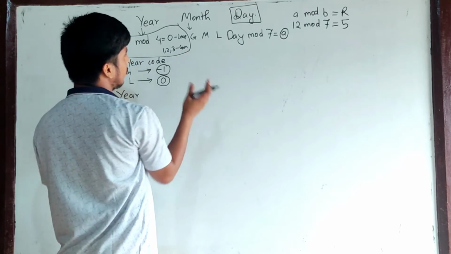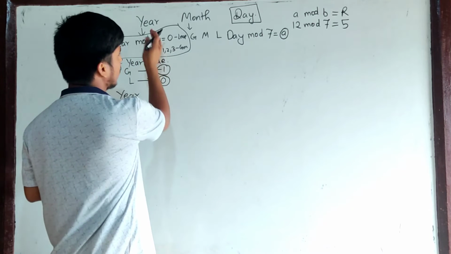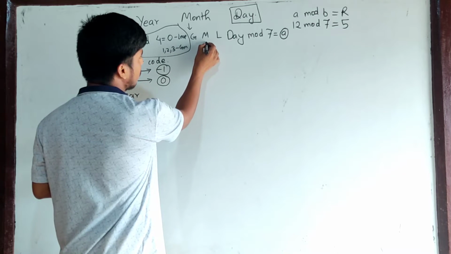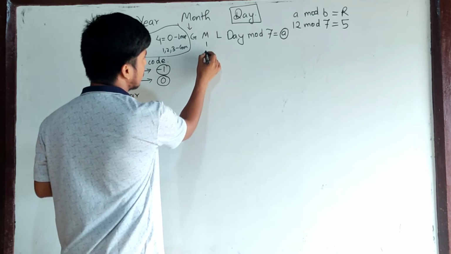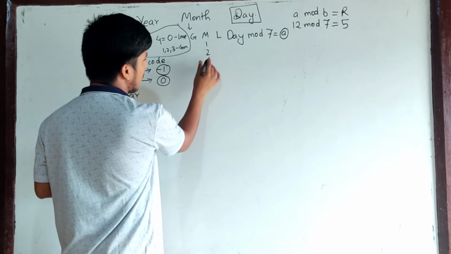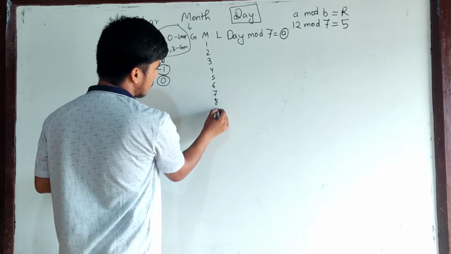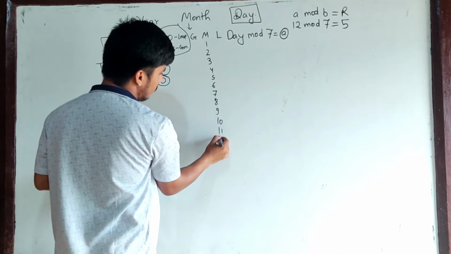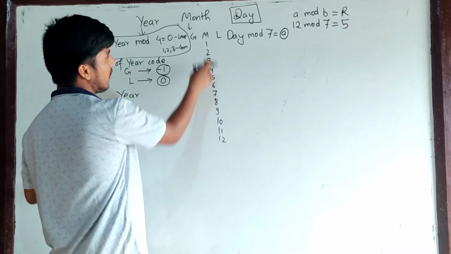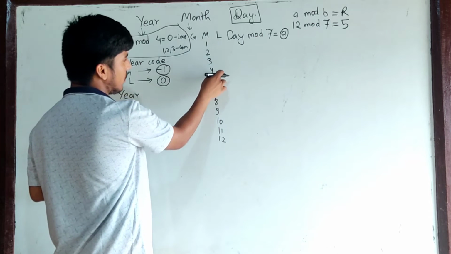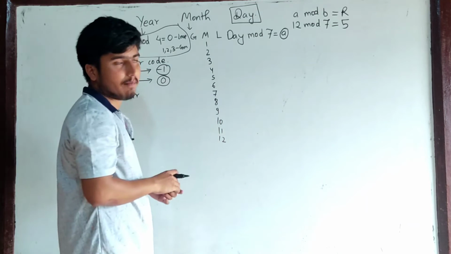So suppose we have 12 months in a year, and let us give their respective numbers as months: 1, 2, 3, 4, 5, 6, 7, 8, 9, 10, 11, 12. So this will be our January, February, March, April, May, June, and so on to December.